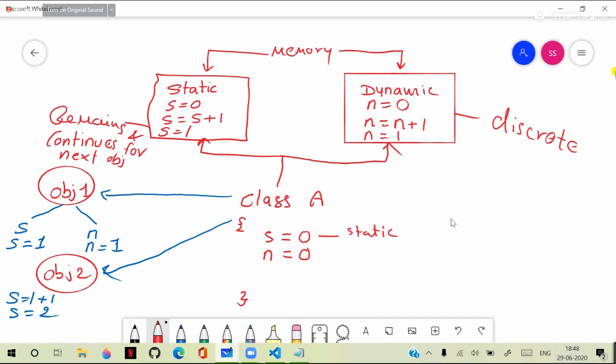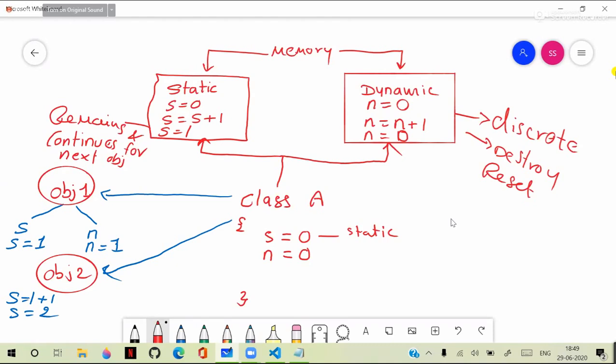Discrete memory means after the object finishes using it, it will be destroyed, or you can simply say it will reset. That means the N value is 0 again.